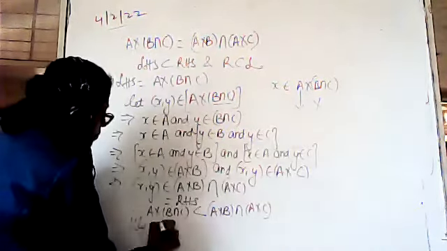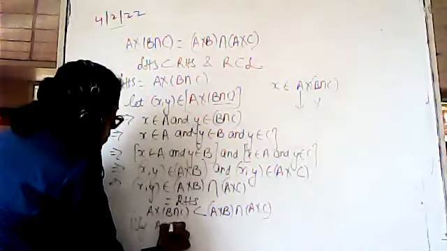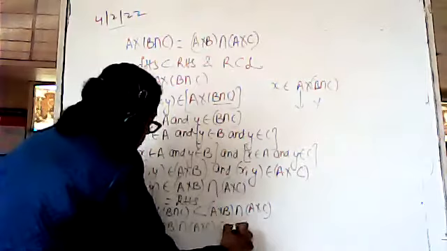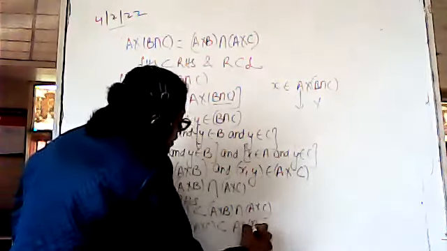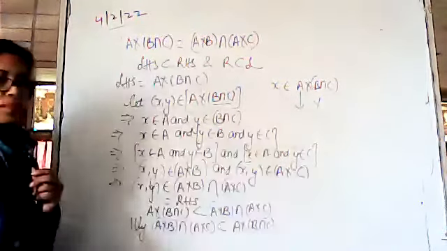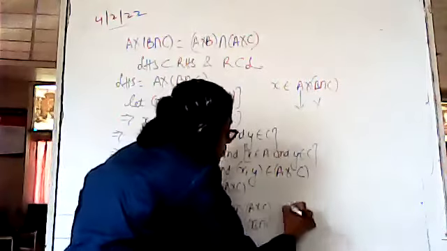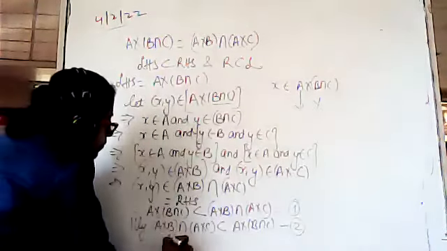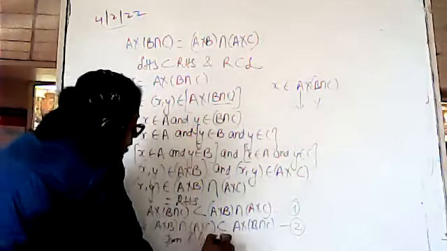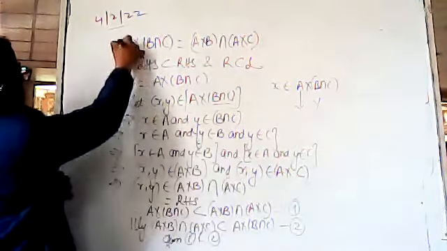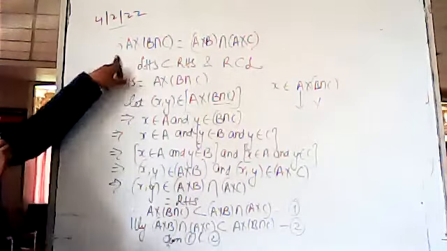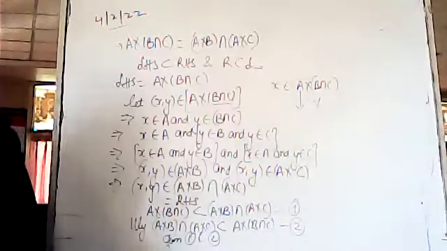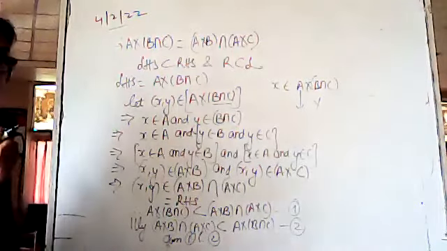Similarly, we can prove that (A cross B) intersection (A cross C) is a subset of A cross (B intersection C). Let it be equation number 1 and equation number 2. From 1 and 2, we can say that A cross (B intersection C) equals (A cross B) intersection (A cross C). Fine.